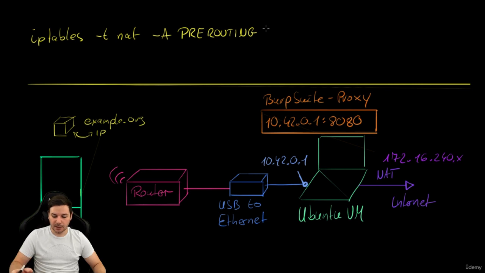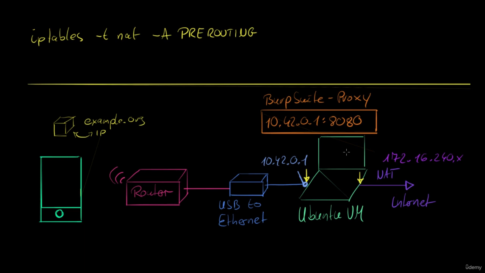PREROUTING simply means if a package arrives at an interface, no matter what interface. So it could be this interface over here, or also this interface over here. Then we are now defining a new rule where we want to route this package. So this example.org package now arrives at our interface. This is, for example, the USB to Ethernet adapter over here.